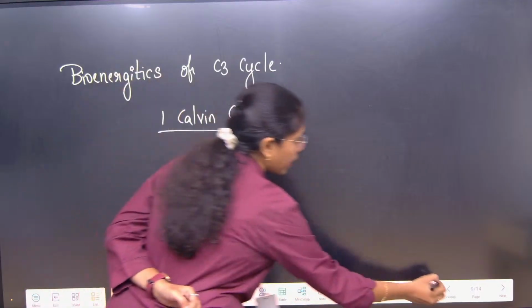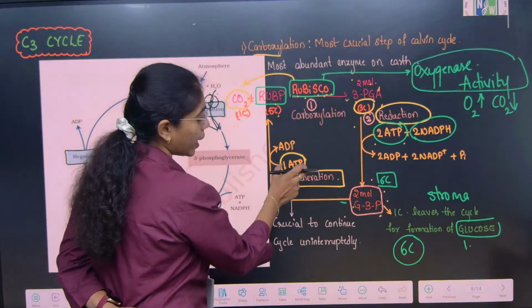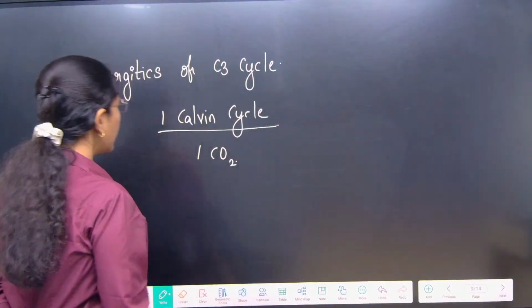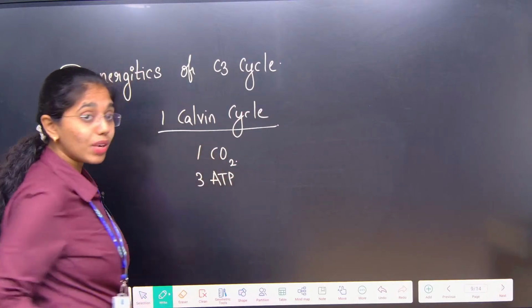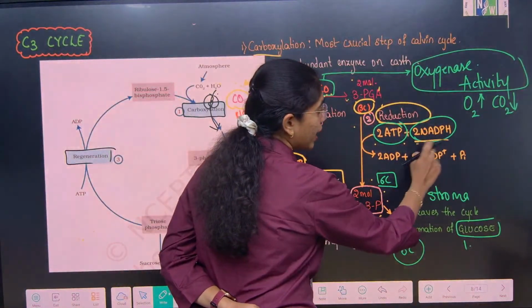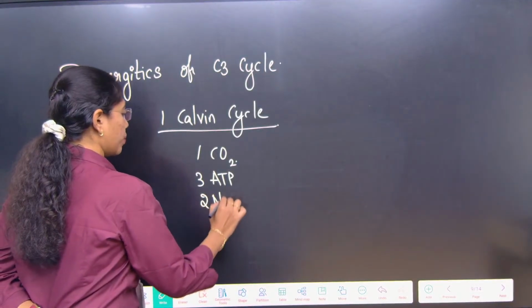And how much ATP? 2 ATP here in the reduction, 1 ATP for regeneration. So how much ATP is required? 3 ATP in total. How much NADPH is required? 2 NADPH are required, right? 2 NADPH.